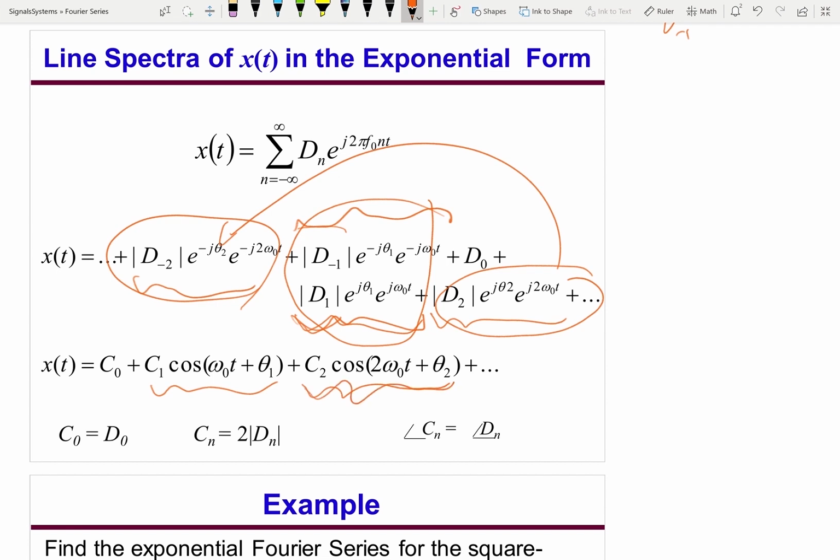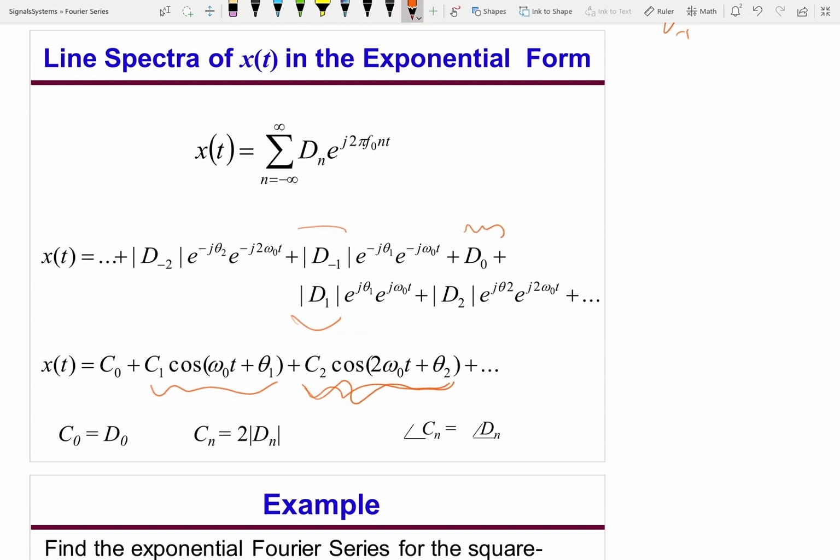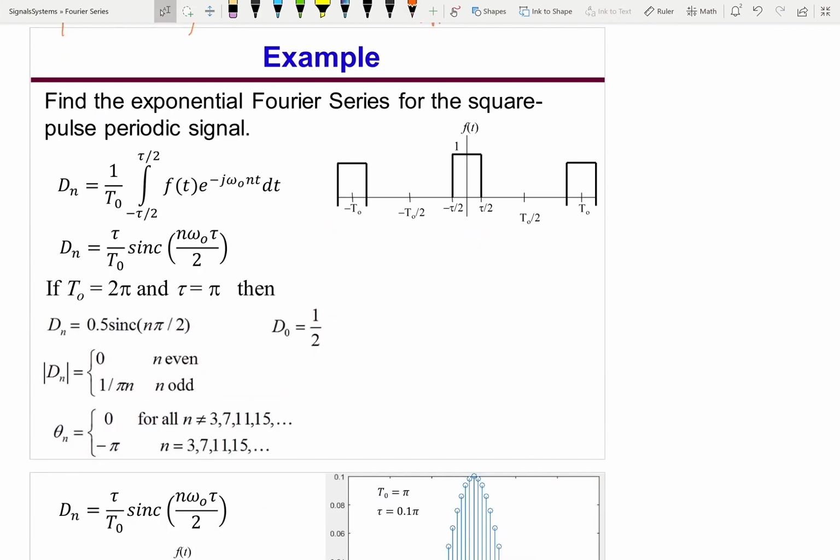And that will only be true if D minus 2 and D2 are conjugate of each other, and D minus 1 and D1 are conjugate of each other. D0 is the C0. So this is the relationship between the exponential Fourier series coefficient and the compact trigonometric Fourier series coefficient. This is the relationship. This is theta n. We called it before.